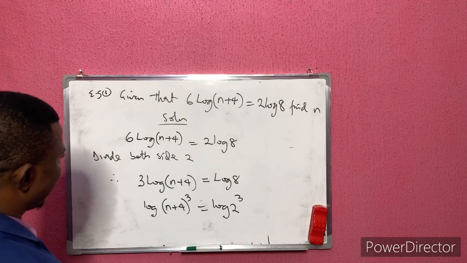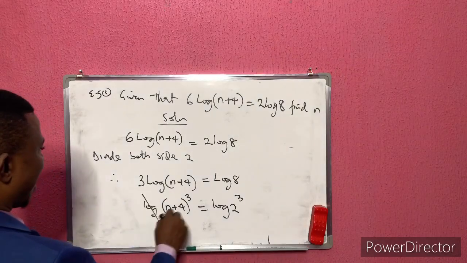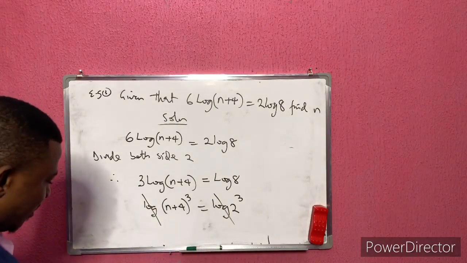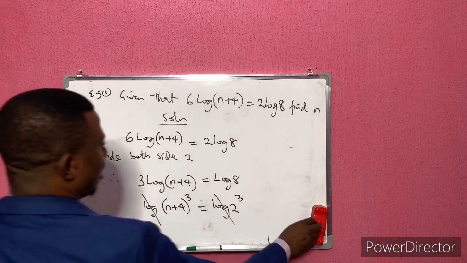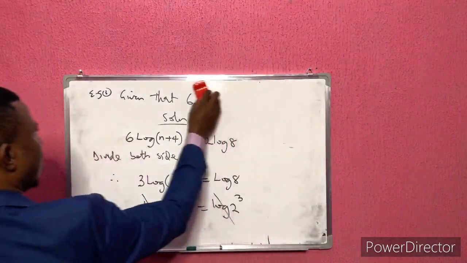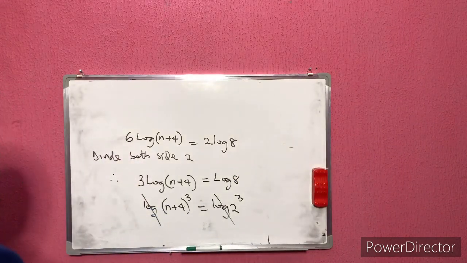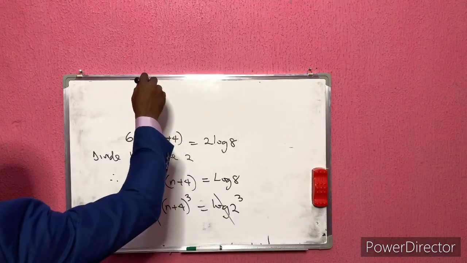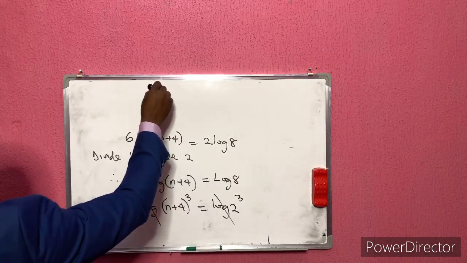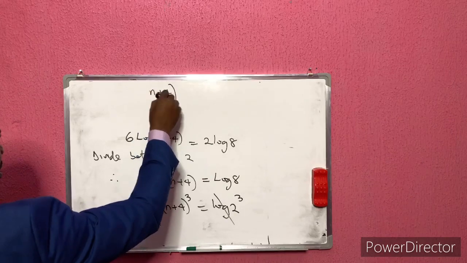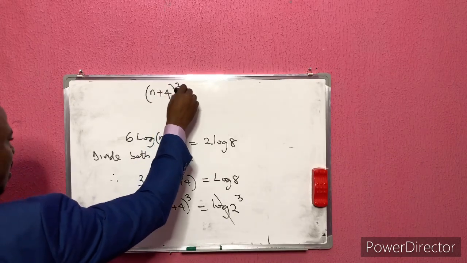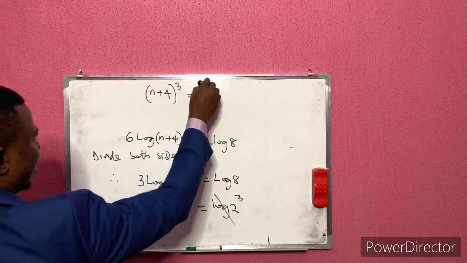So in that case, let log cancel each other. We have (n plus 4) raised to the power 3 is equal to 2 raised to the power 3.